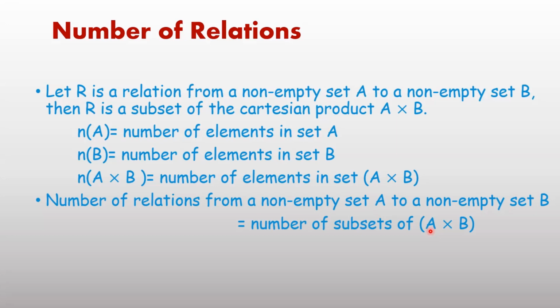If any set is given, number of subsets we can find using formula 2 power n, where n represents number of elements in given set. Since A cross B represents a set, number of subsets, which is same as number of relations, equal to 2 power n(A cross B), means 2 power number of elements in A cross B, which is also equal to 2 power n(A) times n(B).